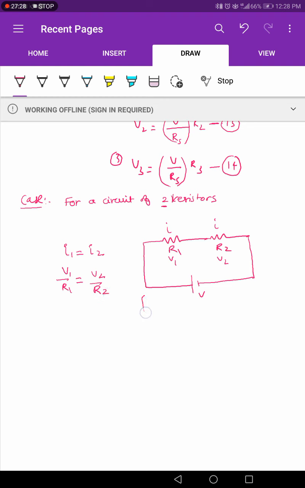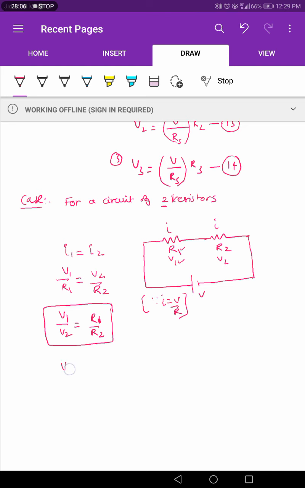Can I write like this? Since I is equal to V by R, therefore V1 by V2 is equal to R1 by R2. That means potential drop across the resistors is divided in proportion to the resistance. If the resistance is more, then potential drop is also more. Okay? So this is the division of the potentials.